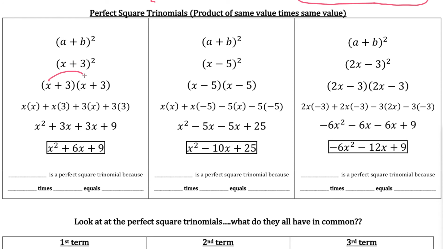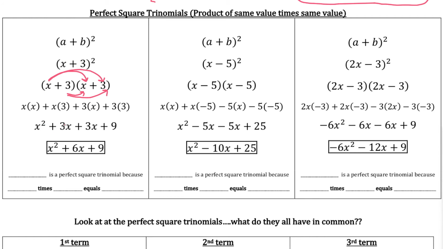So x times x is x squared, or x times x is x squared, right? X times 3 is 3x. 3 times x is 3x, and 3 times 3 is 9. So this is going to be pretty much the same thing as we did last time. It's just we have x's, right?